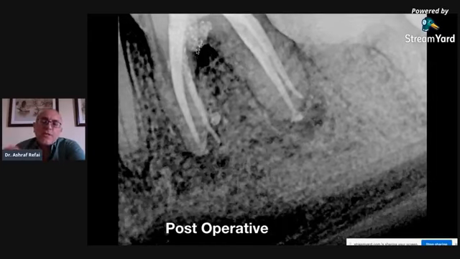So what needs to be mentioned, that in a case like this, even though I could remove it, there was the limitation of the fact that the roots themselves were very thin, and that could result in another iatrogenic error during the instrument retrieval process. And I had explained to my patient that in the case that this happened, we may need to consider that the success rate of this tooth over time may be less.